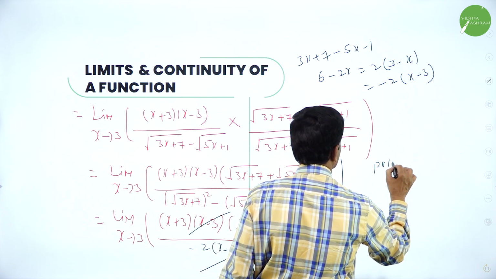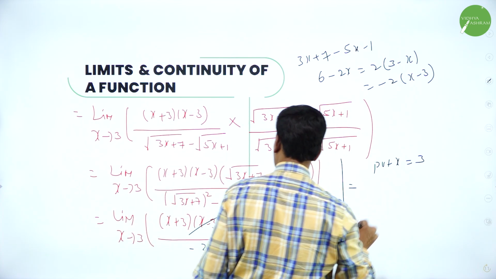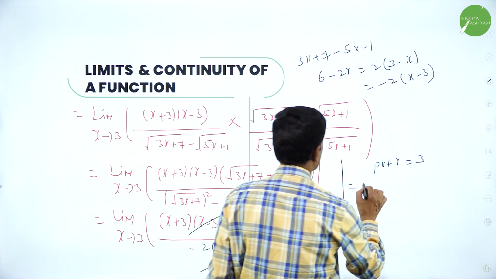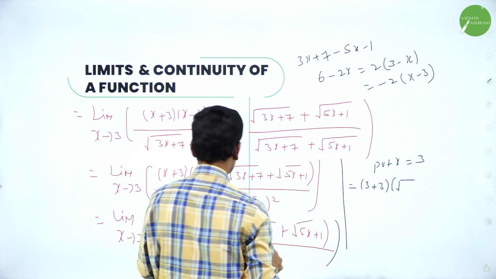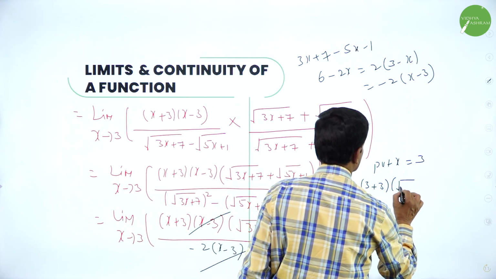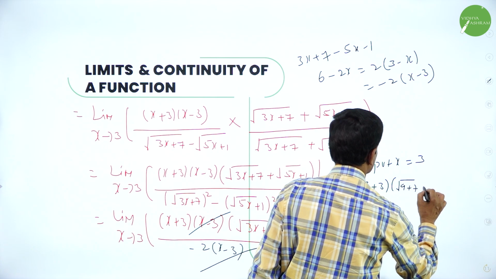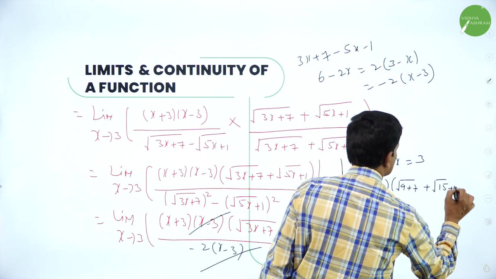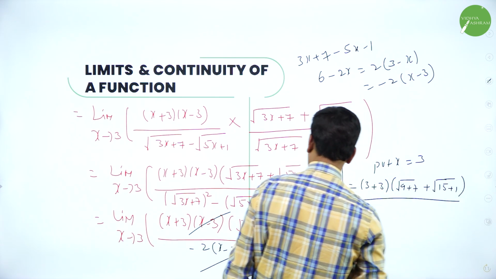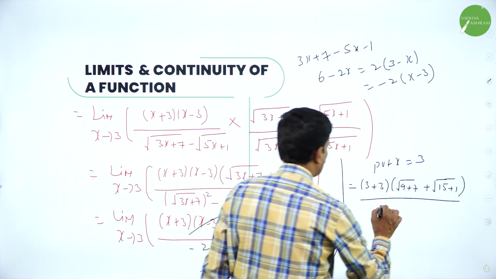Now put x equal to 3. What you will get in the numerator, 3 plus 3 into square root of 3 3s are 9 plus 7 plus square root of 5 3s are 15 plus 1 divided by, in the denominator we have only minus 2.